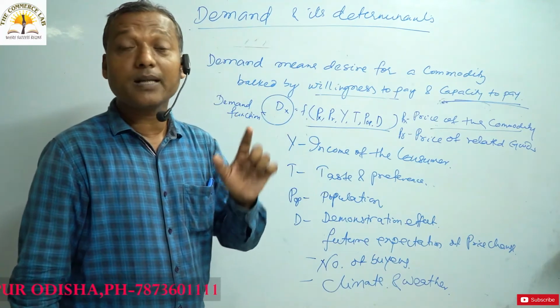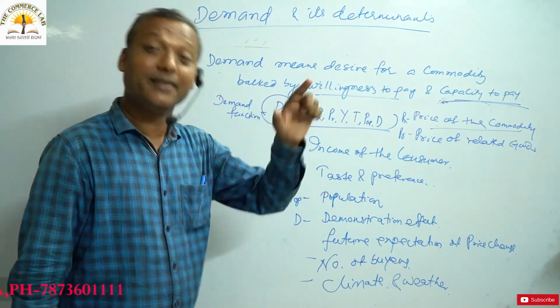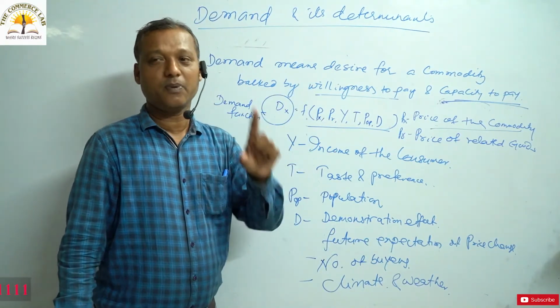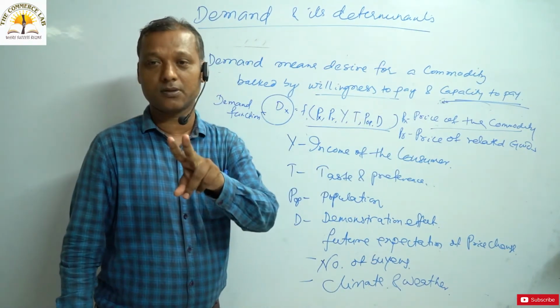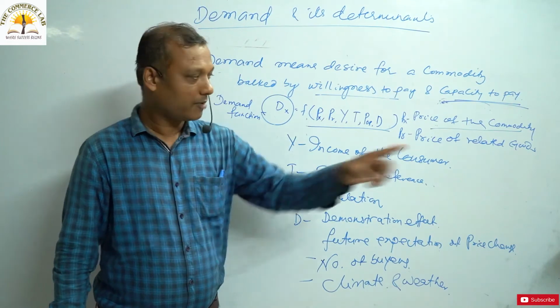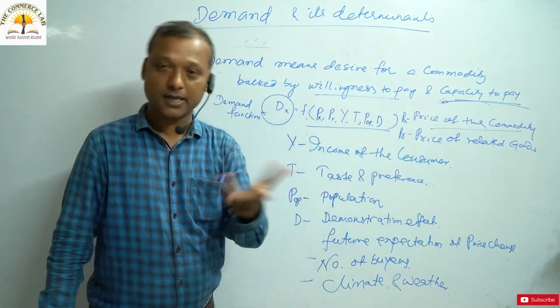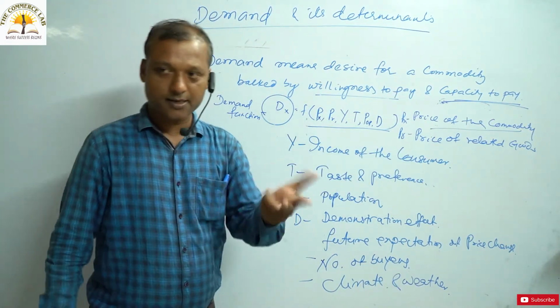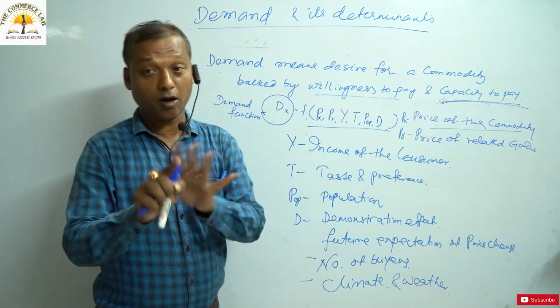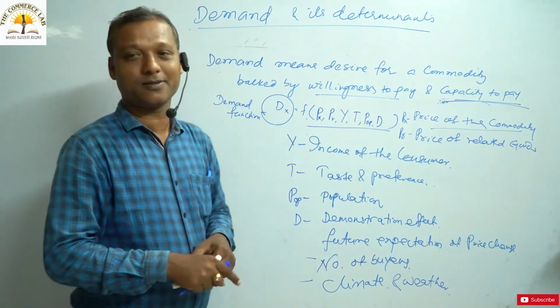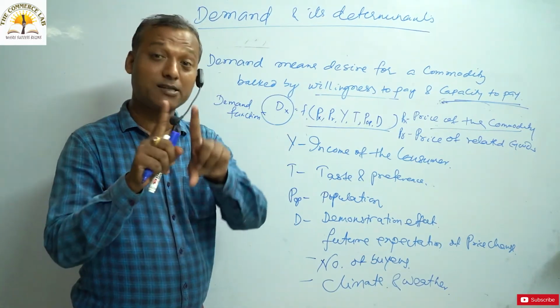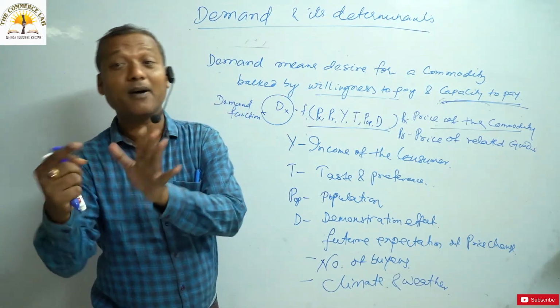You are not comparing the price of the commodity with the quantity of that commodity. First of all, be clear in the mind that when you are talking about related goods, there will obviously be two goods. So when you are discussing two goods, here we are not talking about the price of that good and the quantity of that good. We are talking about the price of one good with the quantity of the other good.